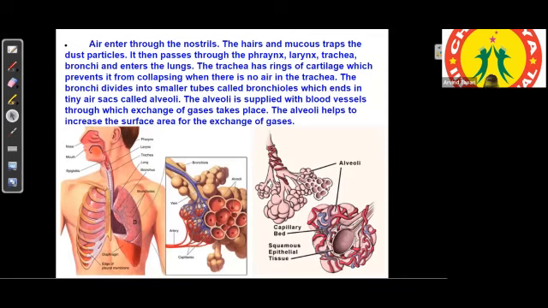The blue colored one is the blood coming to the alveoli. That is deoxygenated blood. In the alveoli, exchange of gases takes place and it gets oxygenated. So oxygenated blood is collected and moved through the pulmonary vein.